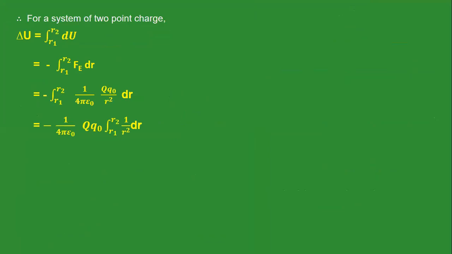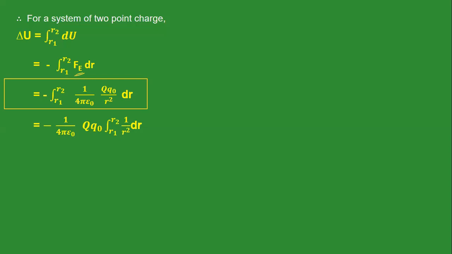Now, for a system of two point charges, the increase in potential energy is equal to this, which I have written again. We substitute the electrostatic force here, and after substitution we get this formula.